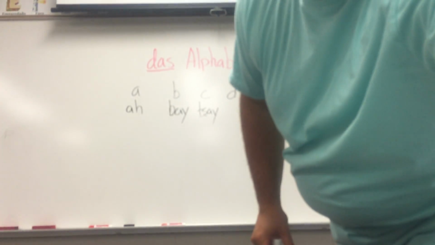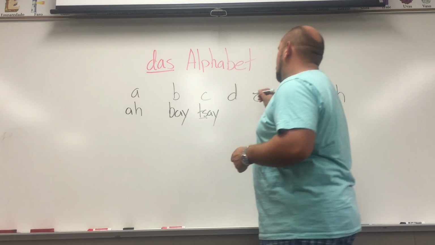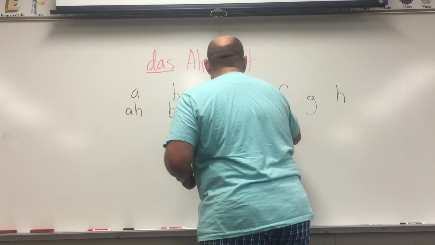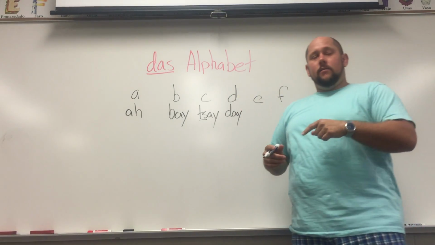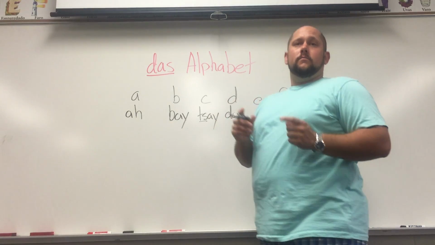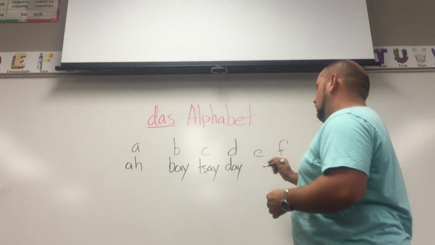So say is the letter C. The letter D. The letter D in English. D in German, day. Just like this day, or today, yesterday. Okay? The word day is the letter sound that the letter D makes.